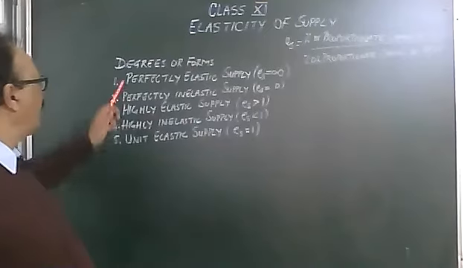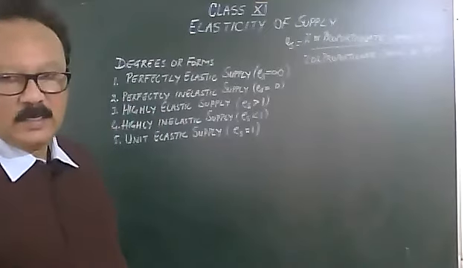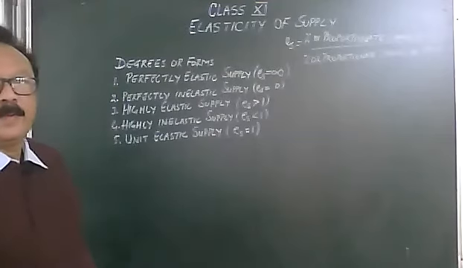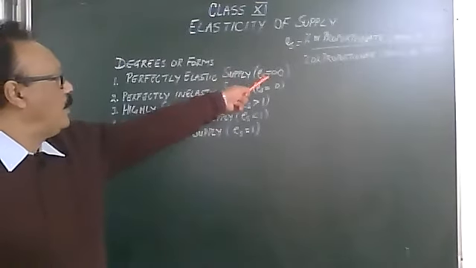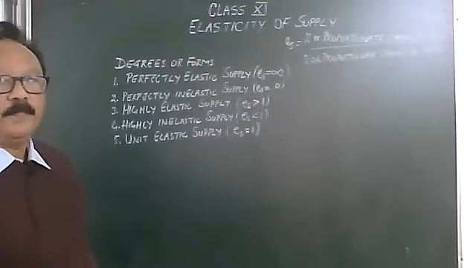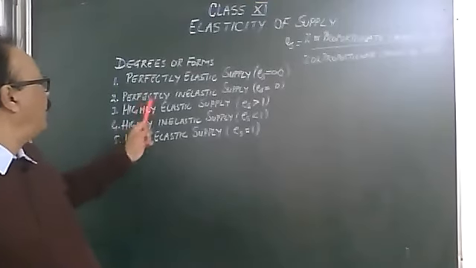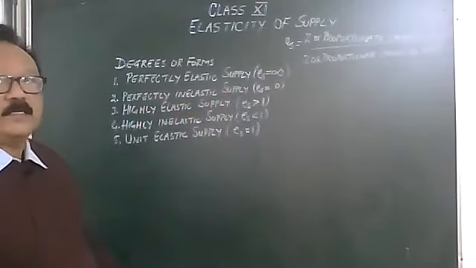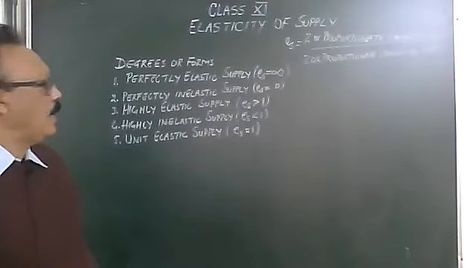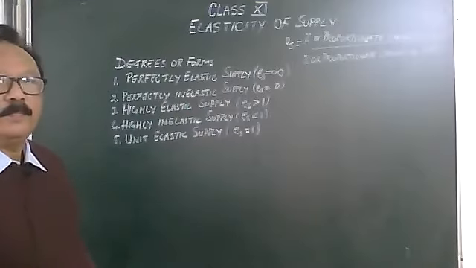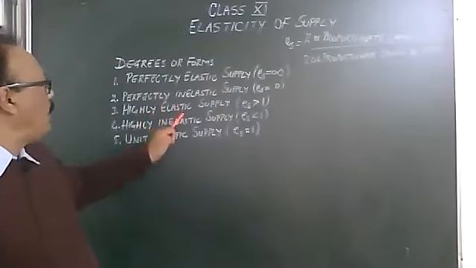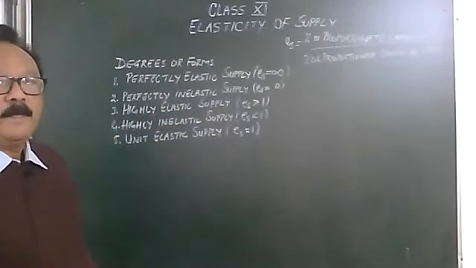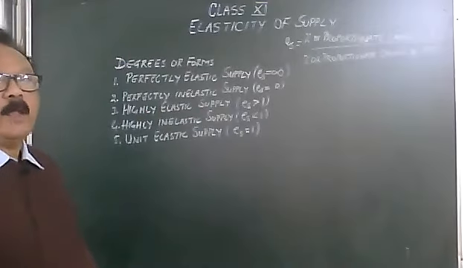First is perfectly elastic supply, where ES is equal to infinity. Second, perfectly inelastic supply, ES is equal to 0. Third, highly elastic supply, where ES is greater than 1.